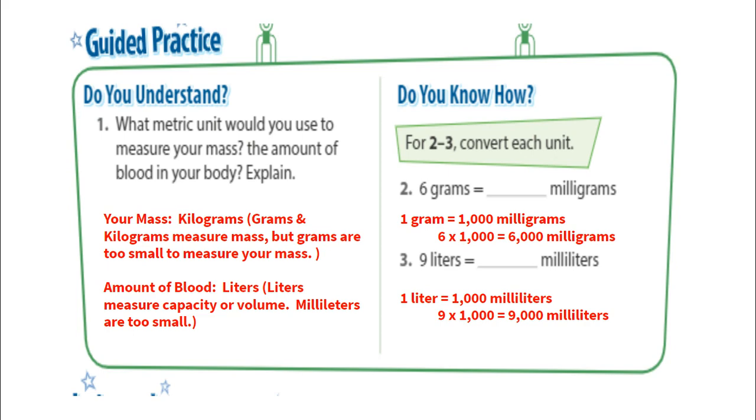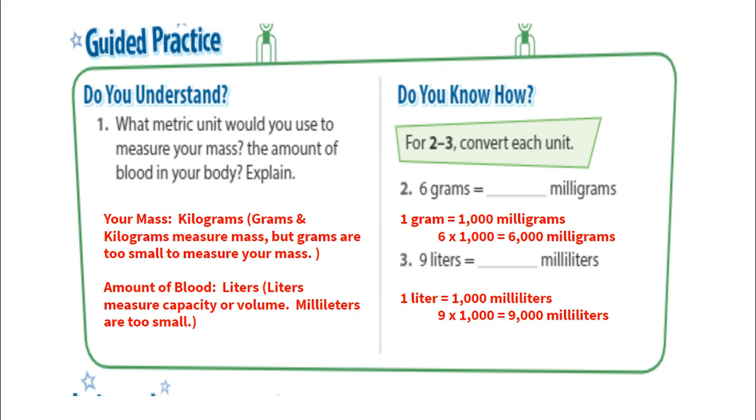Okay? What metric unit would you use to measure the amount of blood in your body? To measure the amount of blood in your body, you would use liters. Liters measures capacity or volume. Milliliters are too small to do this.